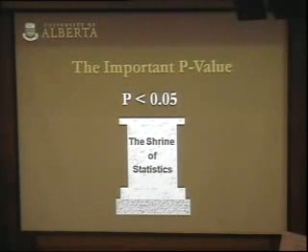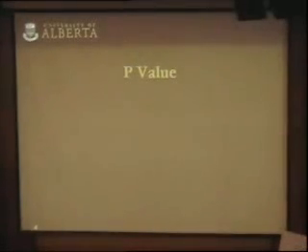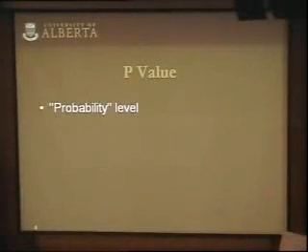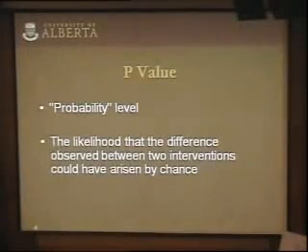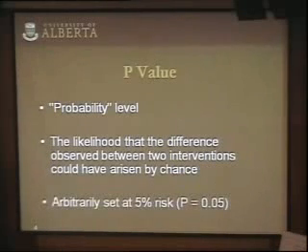We know that a p-value of 0.00005 is much stronger, but there's still a chance of random bias entering. So we do put a lot on it, but probably confidence intervals are more helpful. So a probability level, it's the likelihood between the difference between observed interventions that it could have risen by chance alone or random bias. And we arbitrarily set it at 5%.